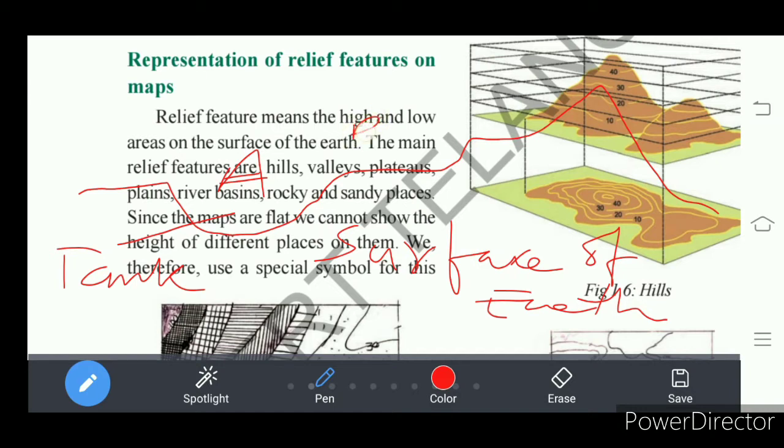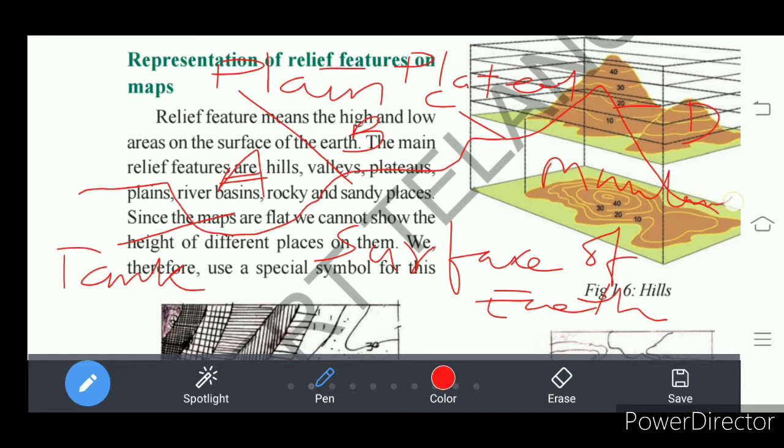The next part of this surface is plain, that plain area is A. Next it is C, that is plateau. And that is D. Next it is mountain areas.